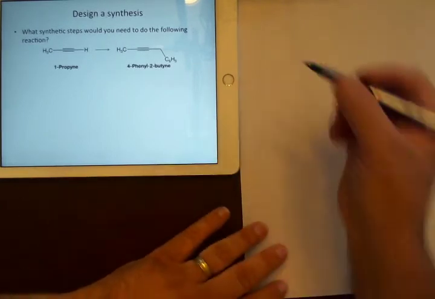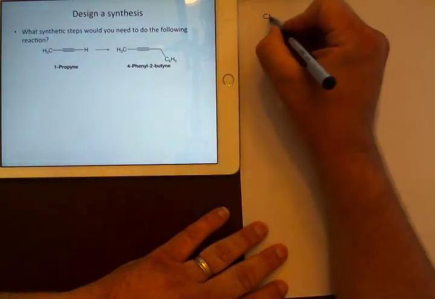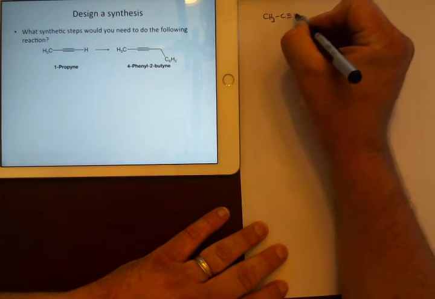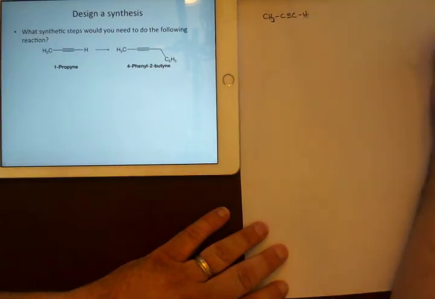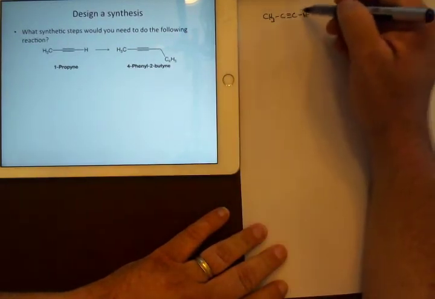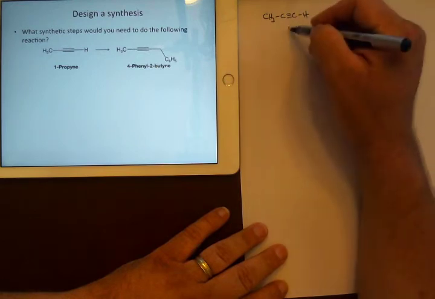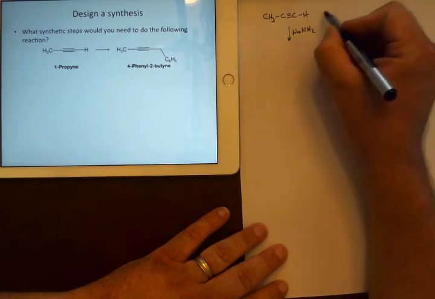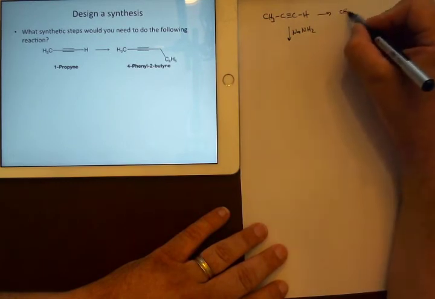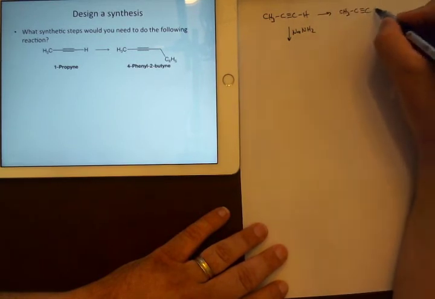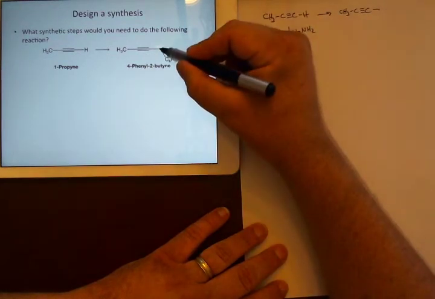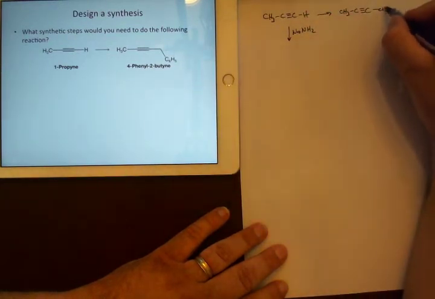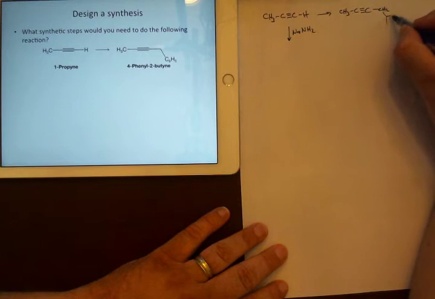So if we want to design a synthesis, say we start with CH3, C, CH. We can rip away this hydrogen, throw in sodium amide. What we're trying to make is CH3, C, CH2, and then a benzene.